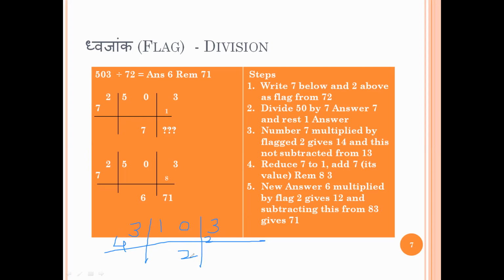So 3 twos are 6. So 23 minus 6 is 17. And 17 is less than 43, so this seems to be the correct answer. So answer is 2 and remainder is 17. Clear?